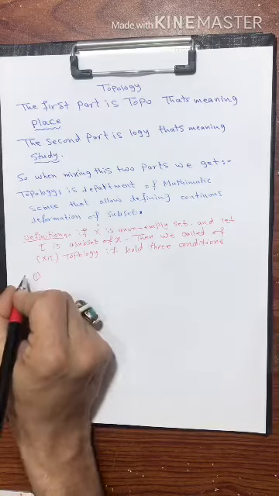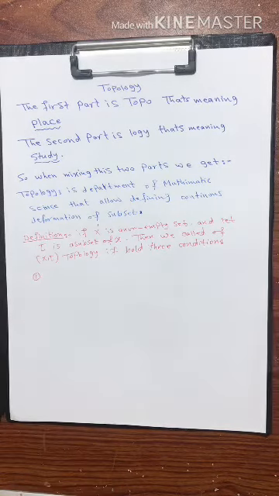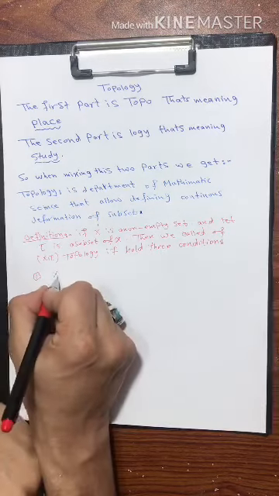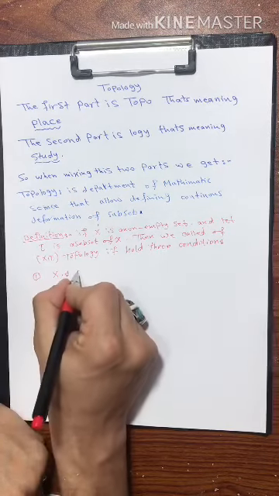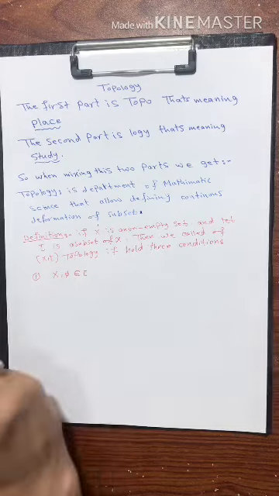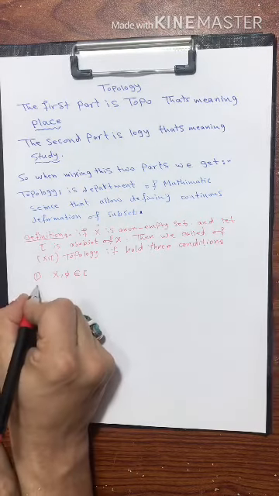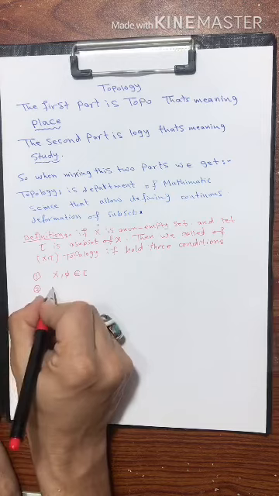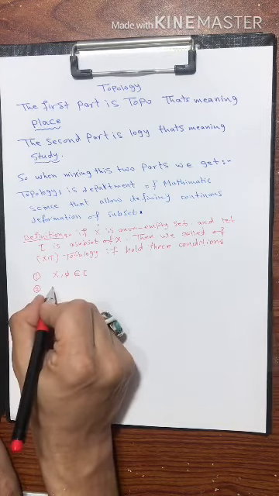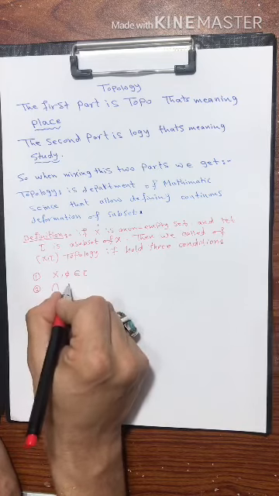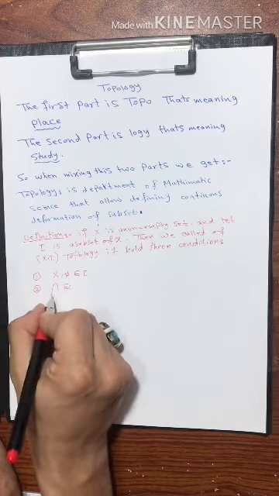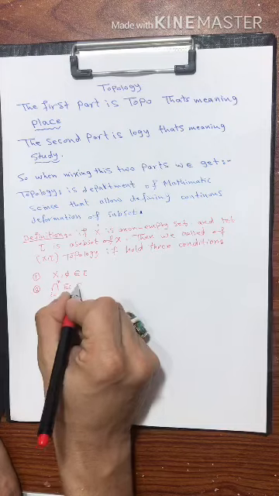The first condition: X and phi belong to tau. Second condition: the intersection of subsets E_i, when i is from 1 to n, also belongs to tau.